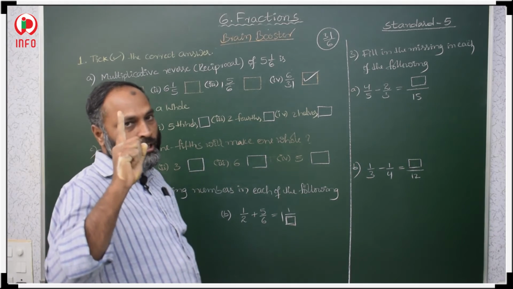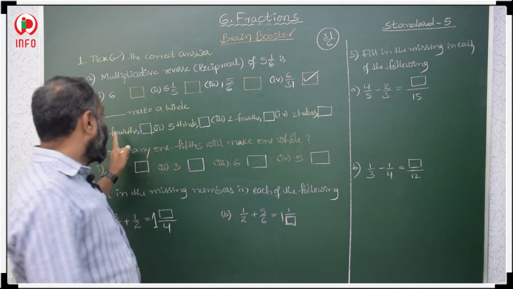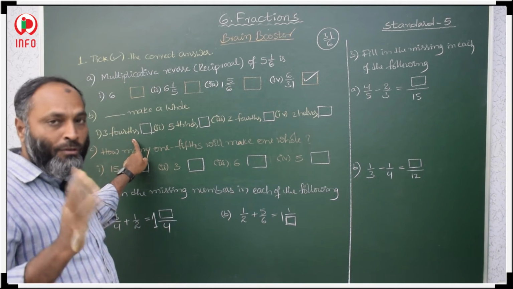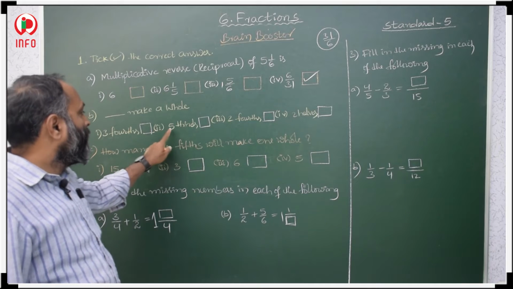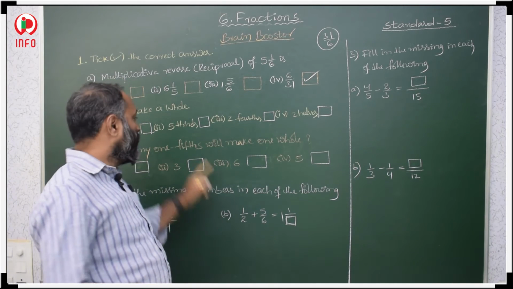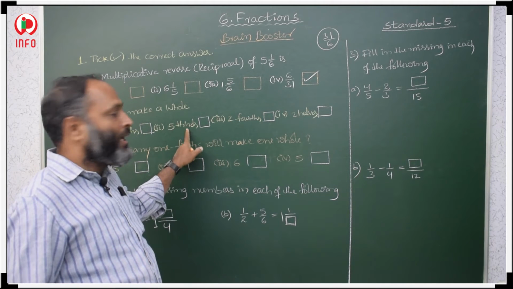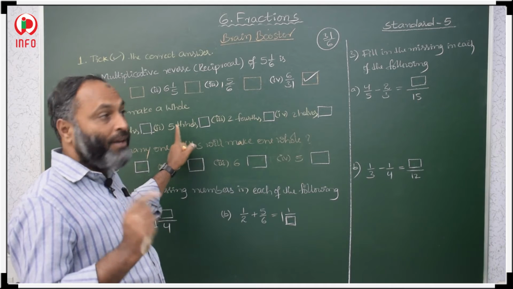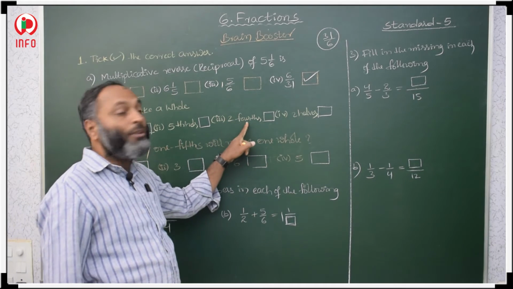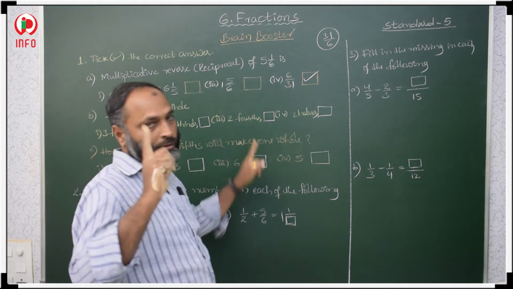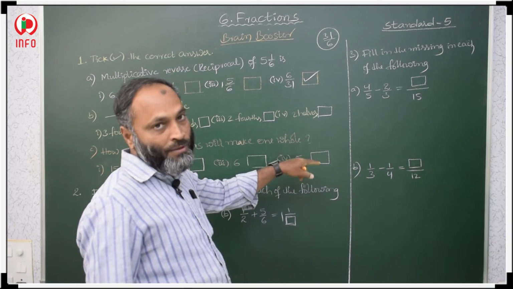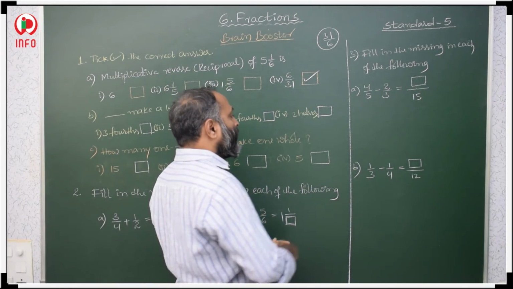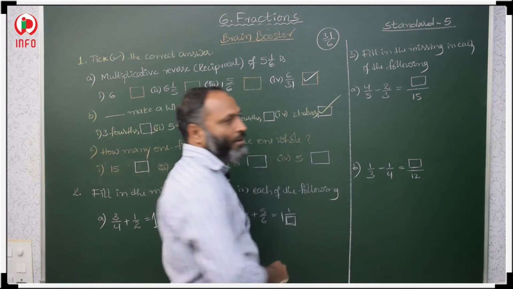Next, dash makes a whole, meaning complete one. What makes complete one? 3/4, no. 4/4 makes 1. 5/5 makes 1. Here 5/3 is given; 3/3 makes 1, but here 5/3 is given. 2/4, no; 4/4 makes 1. Here 2 halves, yes, this one is correct. 2 halves makes 1.